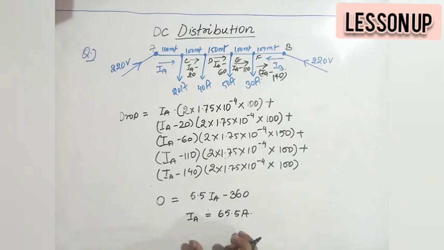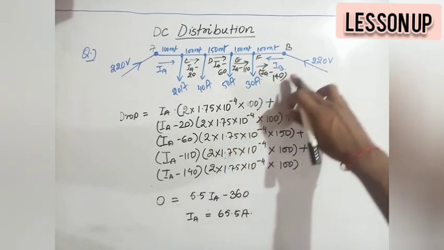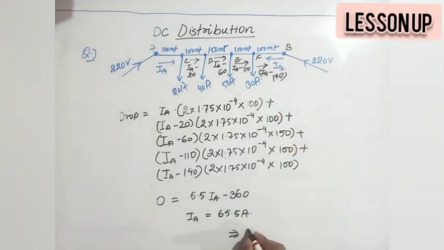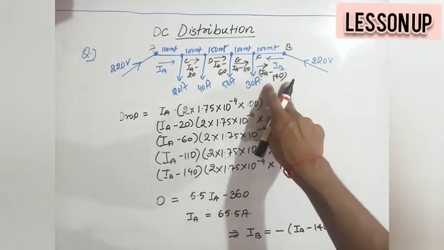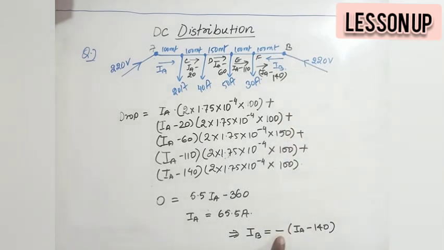And if you see here, the IA minus 140 is just in opposite direction of IB, which means IB should be minus IA minus 140, which implies that this current is in opposite direction of IB. That's why I used minus sign here. So you will get IB as 74.5 ampere.